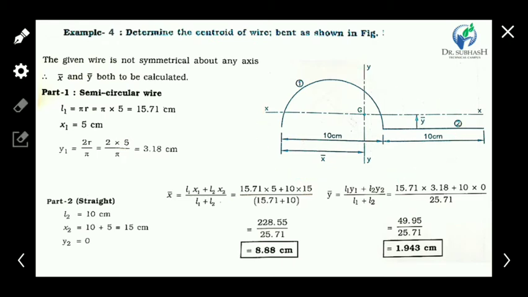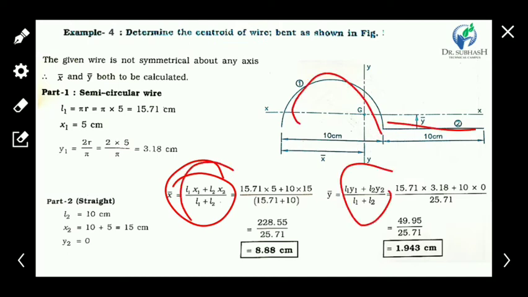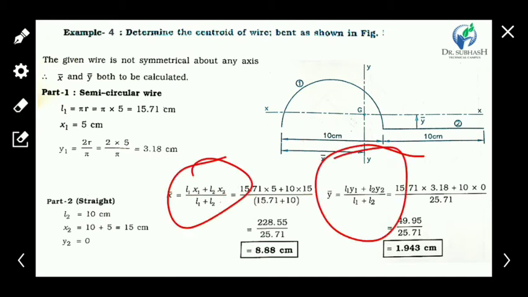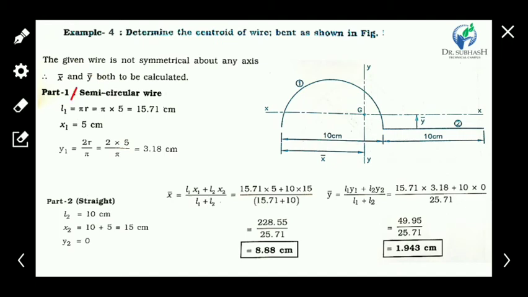So we have the equation, and here there are two elements, so only L1x1 and L2x2 are there in this equation, and we have to find the values of L1, x1, y1 and L2, x2, y2 for these two elements. One is the arc element and another is the line element. Clear?